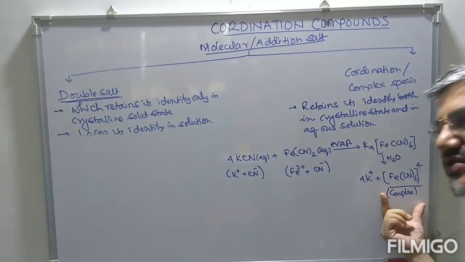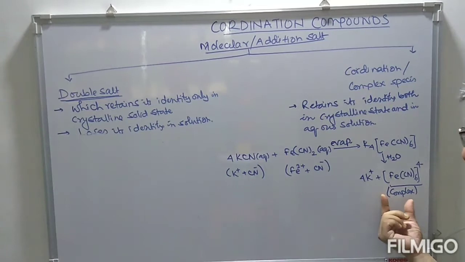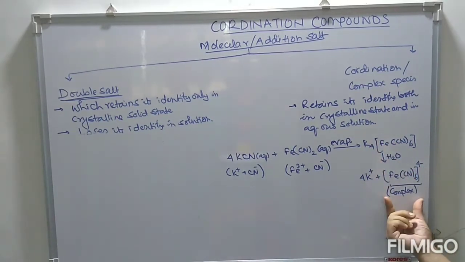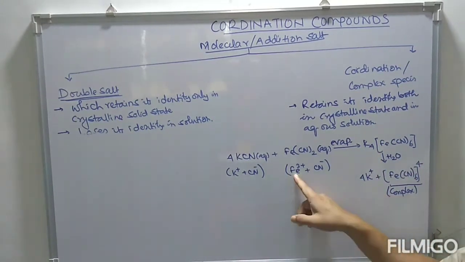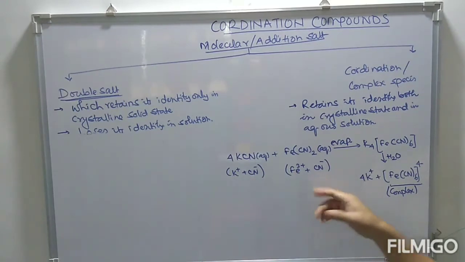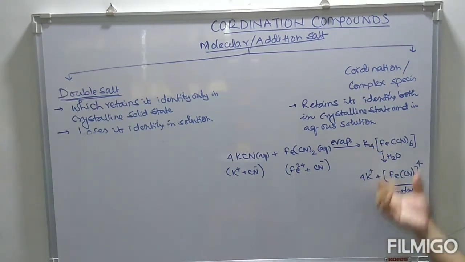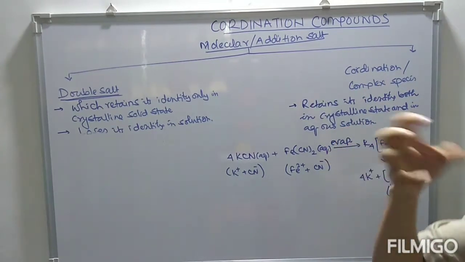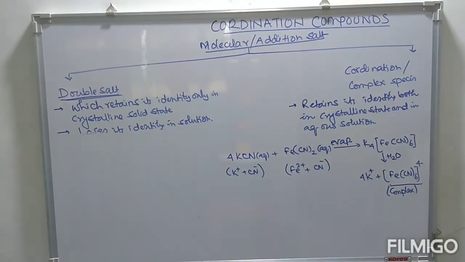Now this complex species does not have free iron plus 2 and free cyanide ion. So the aqueous solution of this complex species does not give the test of ferrous ion as well as cyanide ion. That means the aqueous solution of this complex species loses the identity of the individual ions.